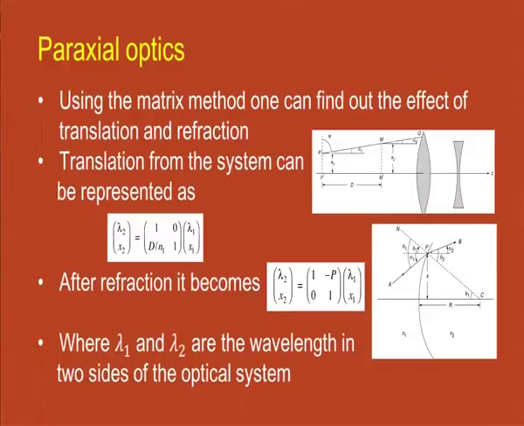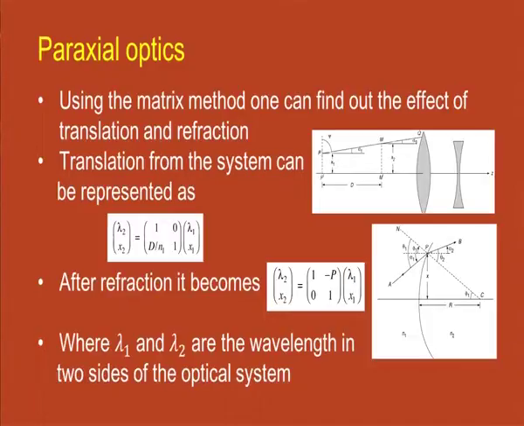Translation through the system can be represented in matrix form as follows: the matrix of lambda 2 and x2 is equal to the matrix of 1 0 d by n1 1 multiplied with the matrix of lambda 1 x1.